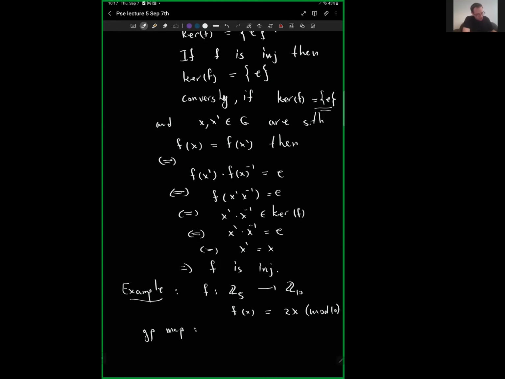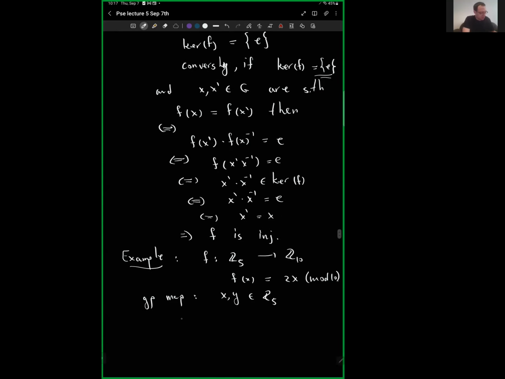Because if you take x and y in integers modulo 5, and you add them together, and then you apply f, well, here the add should be addition modulo 5. But this is by definition 2 times (x plus y) modulo 10.